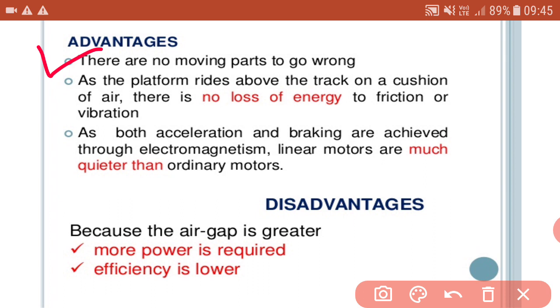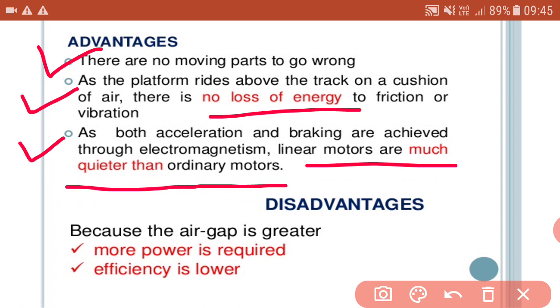Then, as the platform rides above the track on a cushion of air, there is no loss of energy to friction or vibration. So the platform rides above the track, with a medium of air in between track and platform. Then, as both acceleration and braking are achieved through electromagnetism, linear motors are much quieter than ordinary motors. So this is an advantage.